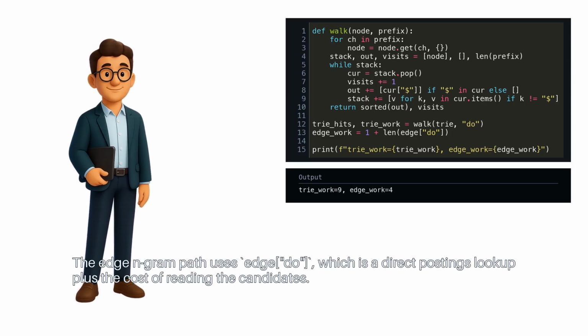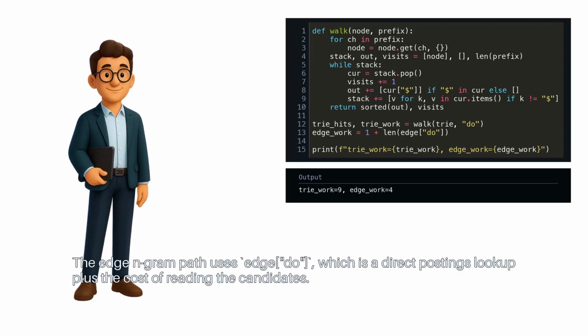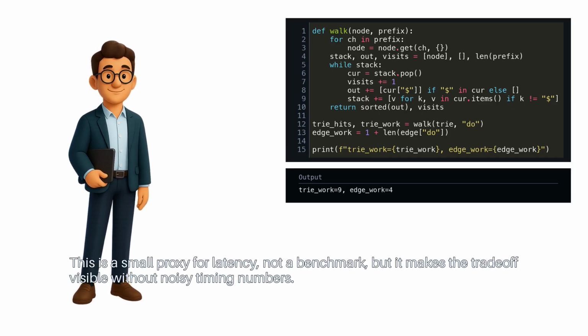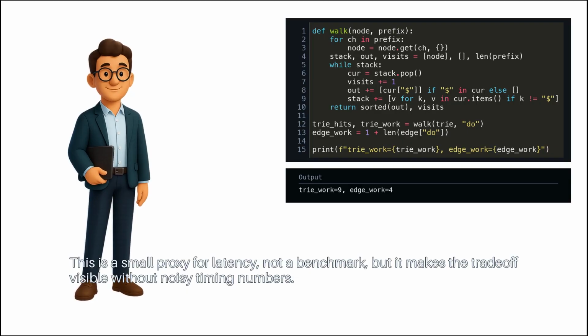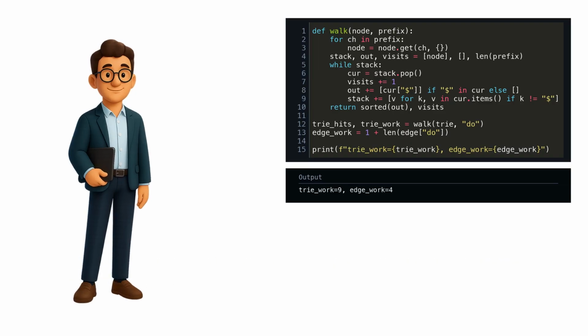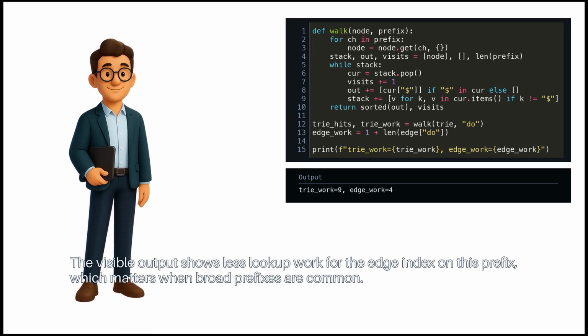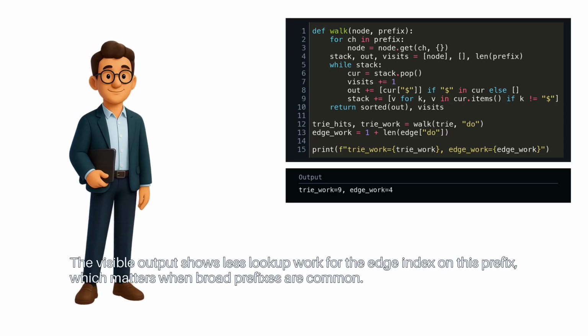The edge n-gram path uses edge["do"], which is a direct postings lookup, plus the cost of reading the candidates. This is a small proxy for latency, not a benchmark, but it makes the trade-off visible without noisy timing numbers. The visible output shows less lookup work for the edge index on this prefix, which matters when broad prefixes are common.